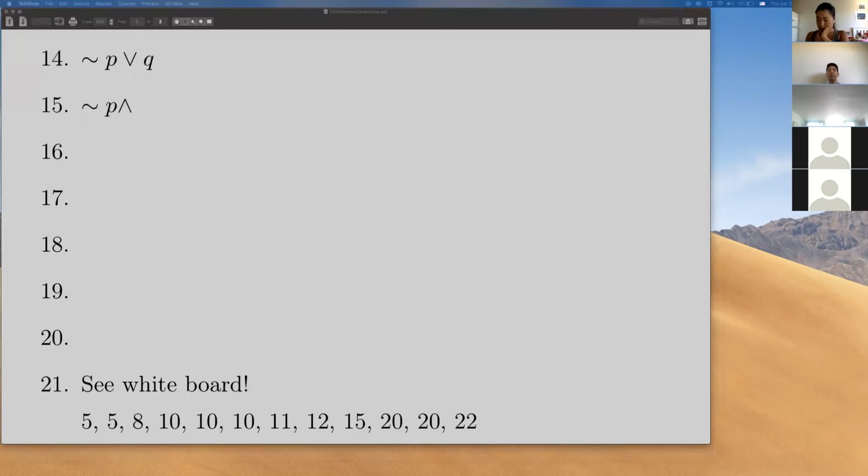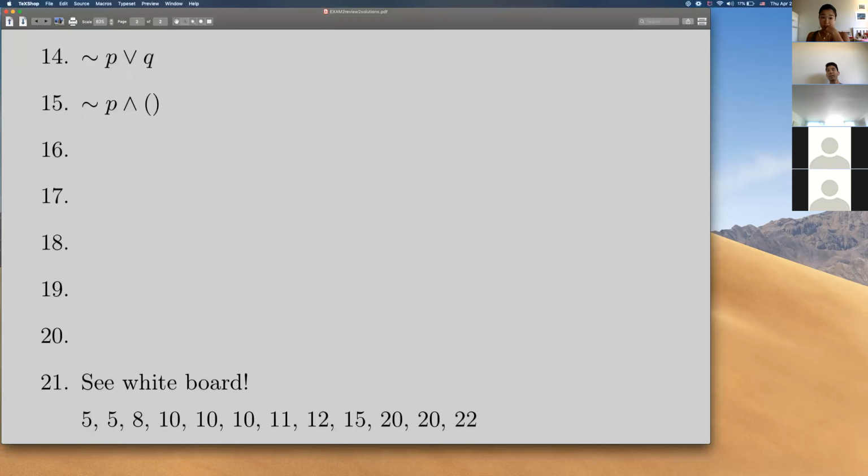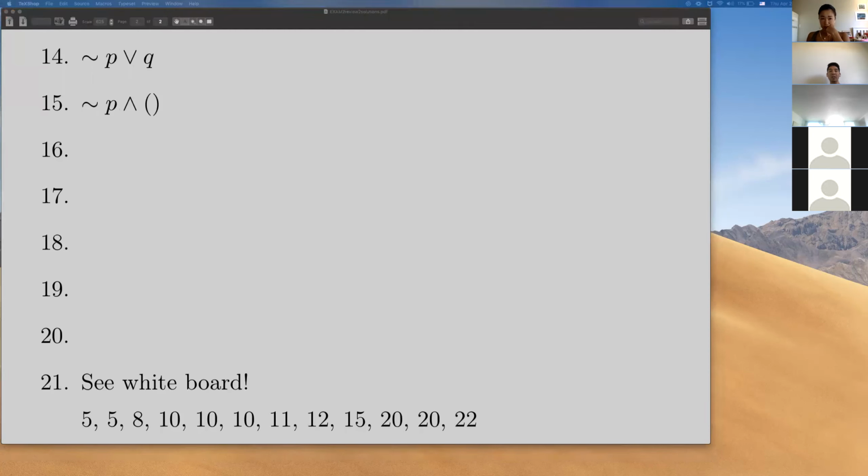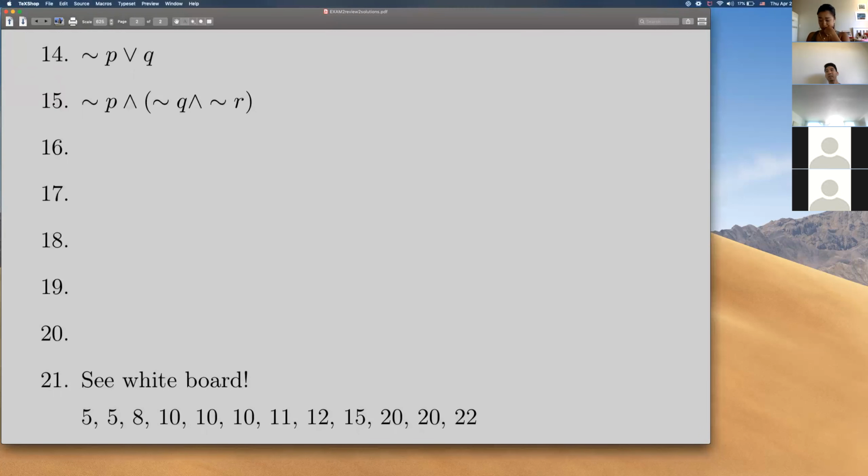Then we negate the right side, but I want to keep that together as one piece, so I put it in parentheses. The thing in parentheses is the negation, and we're going to use De Morgan's laws again. We take the opposite of Q, switch the or to an and, and the opposite of R. So it's going to look like that: not Q and not R.